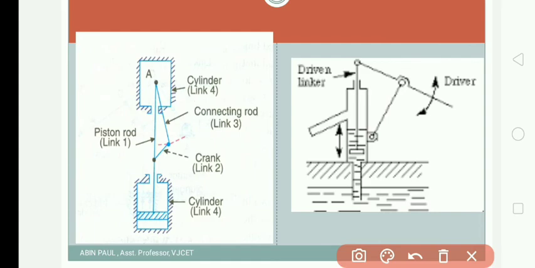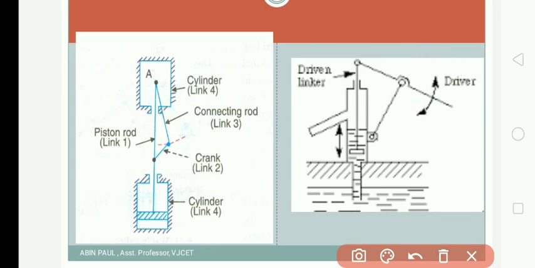So we can add a lever like this to link number 1, the piston end of the piston rod, and we can drive the lever along this path.